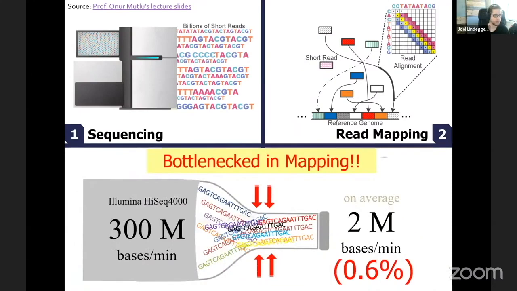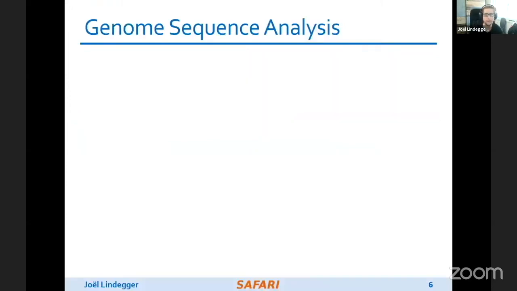So if you have the throughput of a sequencing machine in bases per minute, this is much higher than the computational throughput of mapping. So we can generate data faster in that machine than we can analyze it computationally. So clearly we need some kind of acceleration of the mapping process.